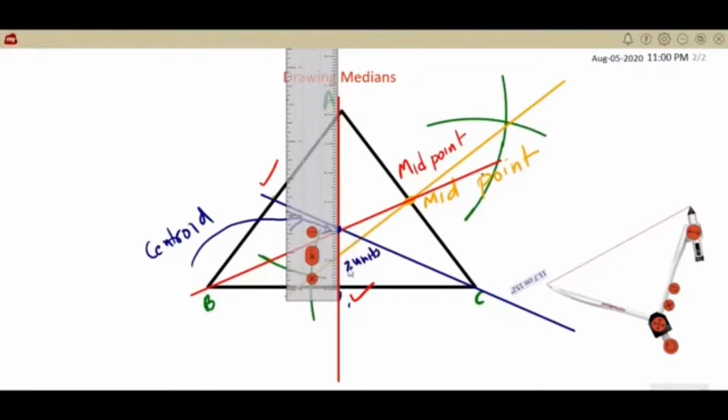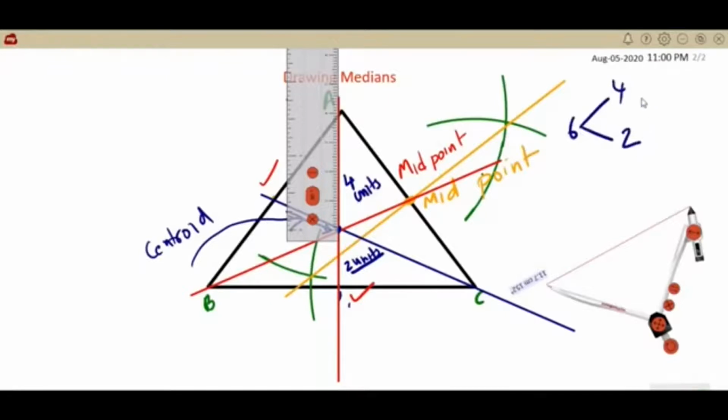The rest is 4 units, totally 6 units, or 6 centimeters if centimeter is the unit. So you have 2 units here and 4 units from A to the centroid. The point is that if it is 4 units and 2 units, where 6 units is divided, the ratio is equal to 2:1.